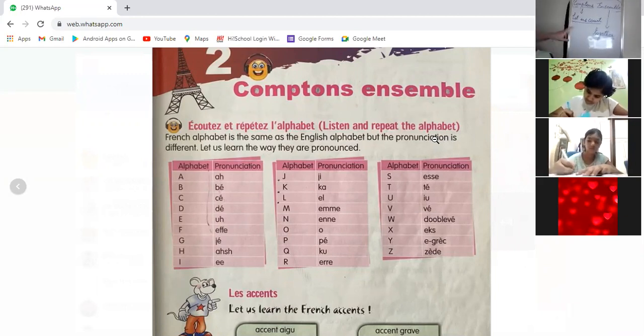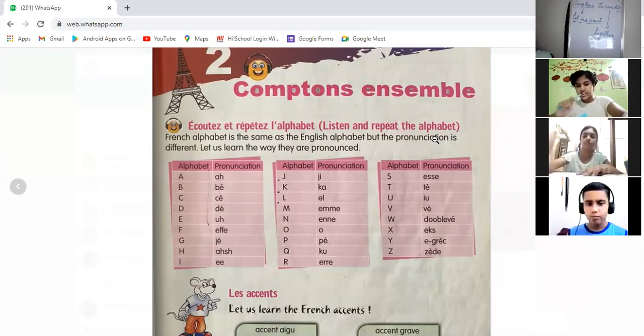I think because of the shade here, you're not being able to see. Are you able to see what I have written? Yes, ma'am. You have written together. Okay.